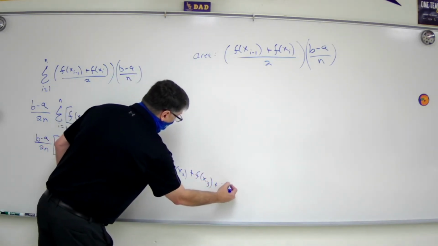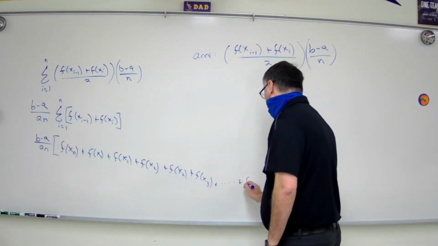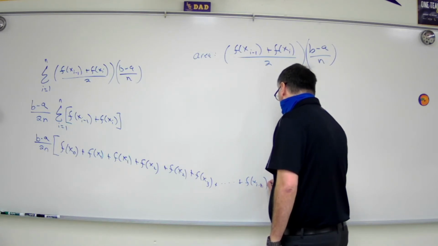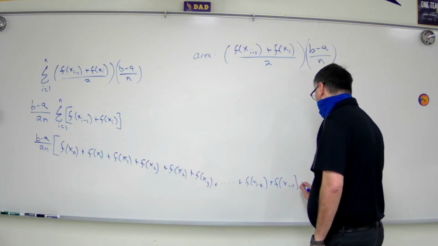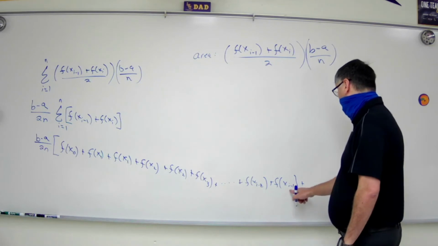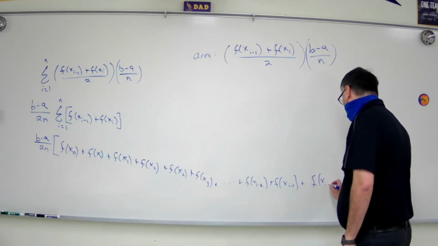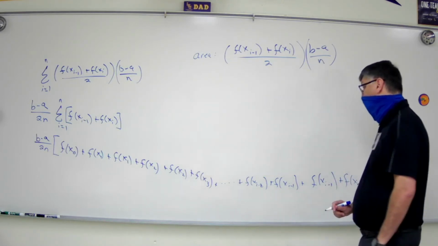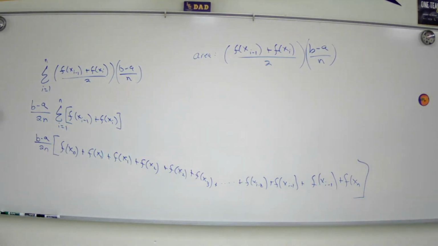And we keep doing this all the way out to f of x sub i minus 2 plus f of x sub i minus 1 plus, now if I just do n, I'm going to do f of x sub i minus 1 plus f of x sub n. So I drew this out so y'all can see a pattern.